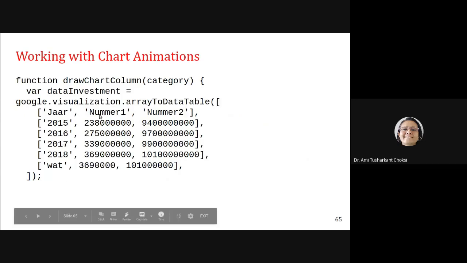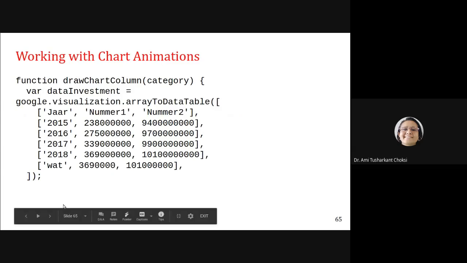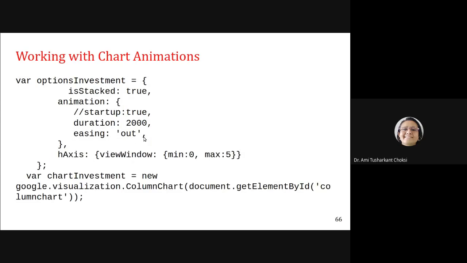We are specifying the data here. Then what we have to do? optionsInvestment. We are specifying the options. The name of the variable you can say whatever you want. isStacked true. We are having the stacked chart, right?